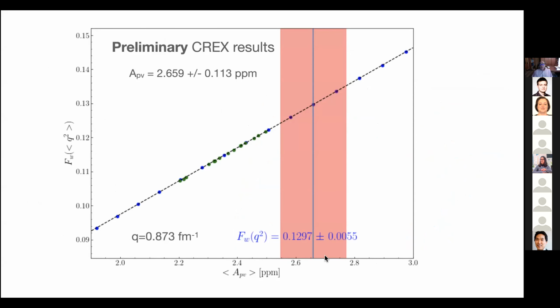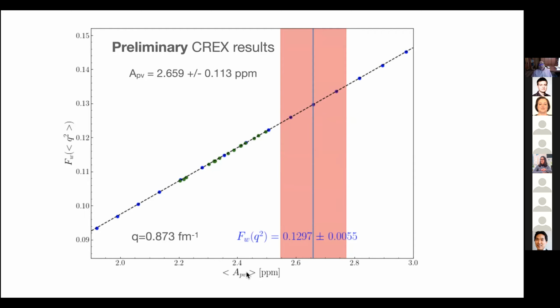Okay, so here's the measured parity violating asymmetry. And from that, if you take a model weak charge density, include Coulomb distortions, calculate the parity violating asymmetry, and carefully average that asymmetry over the experimental acceptance, that allows you to basically determine a weak charge density which is consistent with the measured parity violating asymmetry.